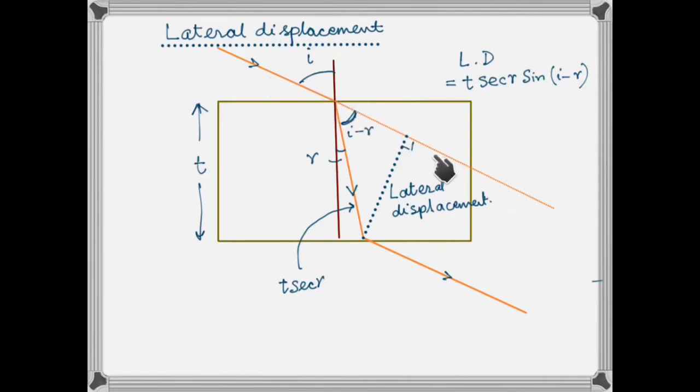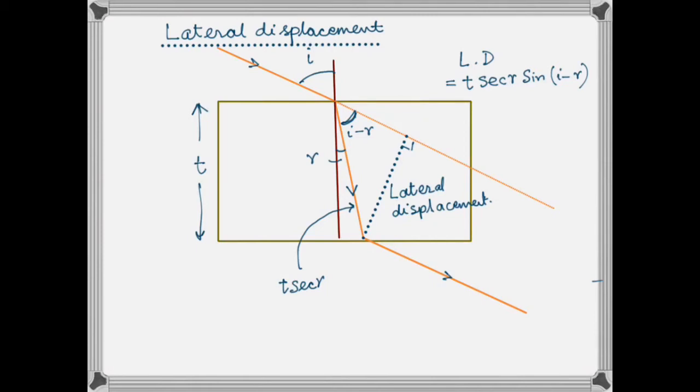It will shift laterally. So instead of going straight, light is now going in this direction. So light has shifted by this much amount. This displacement is called lateral displacement. So we have to find this lateral displacement, and that can be done easily.